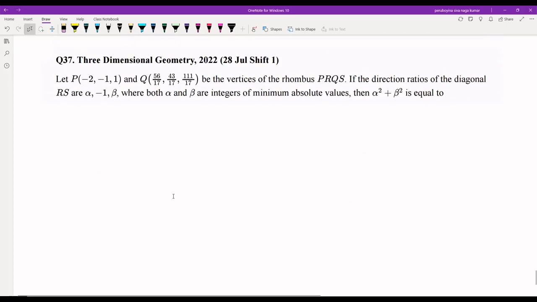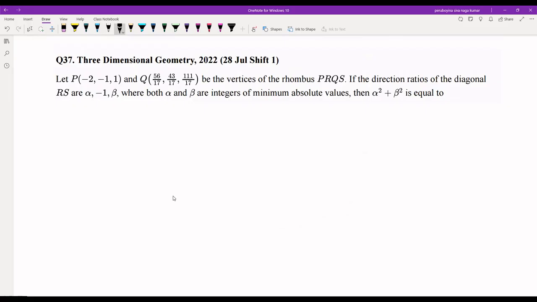Next, 37. Let P(-2, -1, 1) and Q(56/17, 43/17, 111/17) be the vertices of a rhombus PQRS.